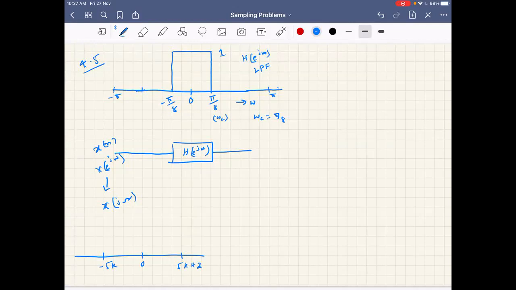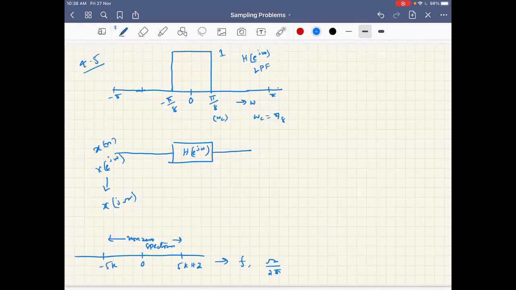We don't know the shape, but it is non-zero only in this range. This is the spectrum, and this axis is f, or say omega by 2 pi, for our ease of understanding. So this is what is given.